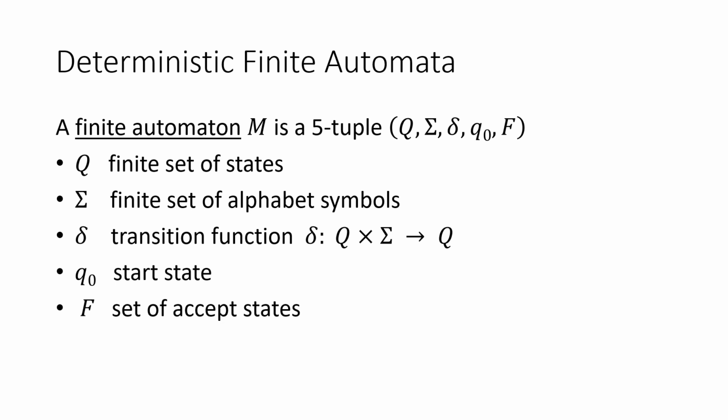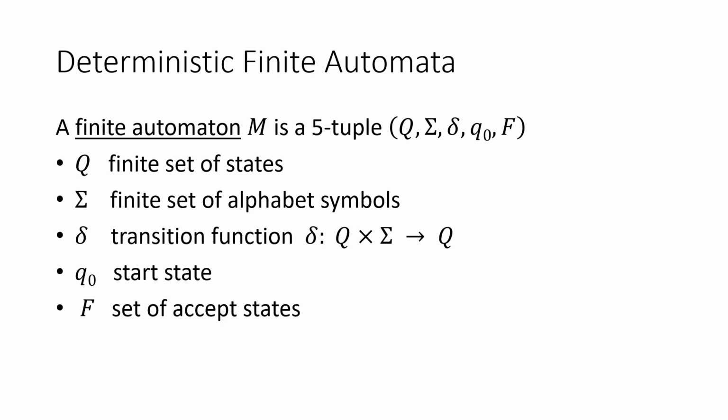Sigma is the finite set of alphabet symbols. Delta is the transition function, which goes from Q cross sigma to Q. Q0 is the start state, and F is the set of accept states. Right, so this was the precise mathematical definition of the DFA, or deterministic finite automaton.